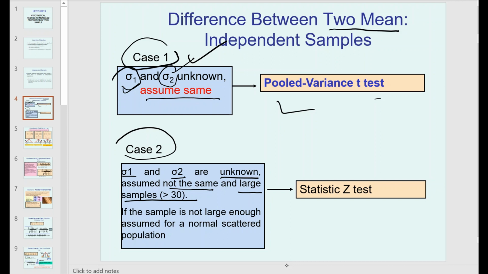Large samples means that your n is more than 30. If the sample is not large enough, assume a normally distributed population. Basically you'll be asked about samples that are large enough. So for this case, we'll be using the z-test statistic as usual.